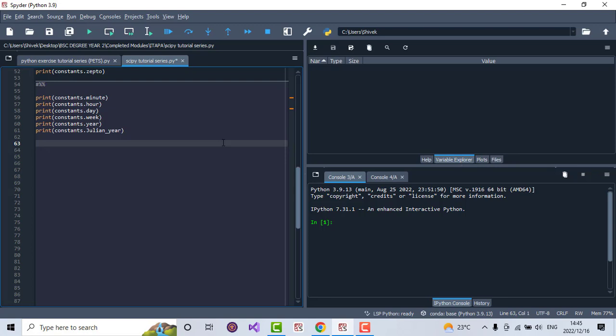The reason I am saying this is that the examples we will come across in future videos regarding SciPy require some foundation of, I would say, high school mathematics.